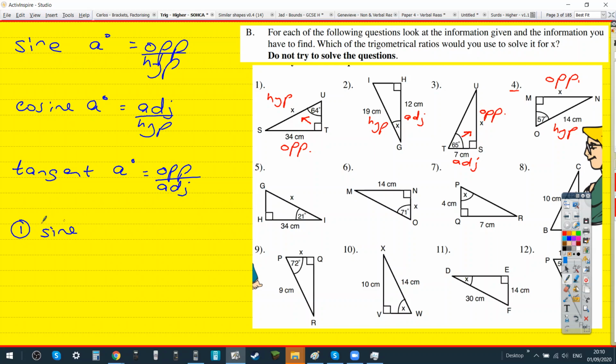Yeah, and so that one is sine. Okay, question 2. Is number 2 cosine? Yeah. Number 3. Tangent. Yeah, and number 4. Sine. Well done. That's it. And so those will be the ones that you use there, and we'll use them in a second. Any questions about any of that? No. Okay.